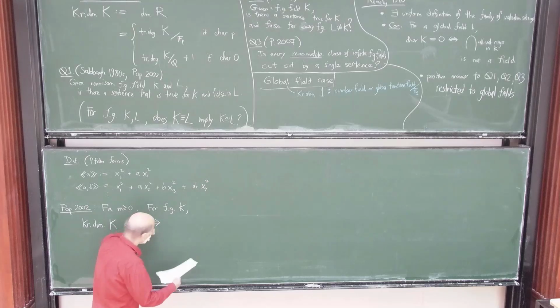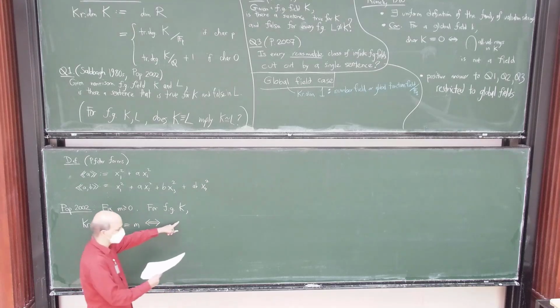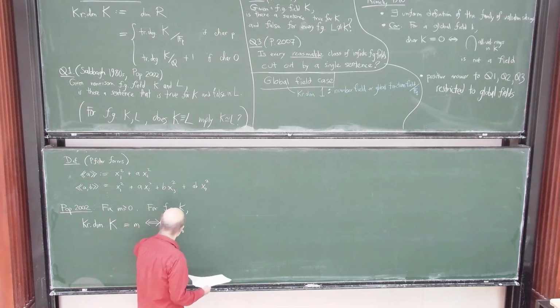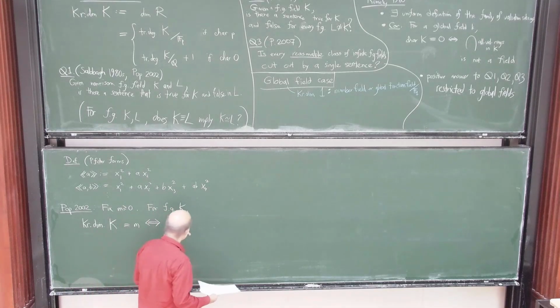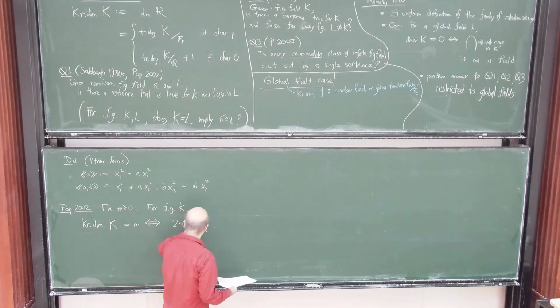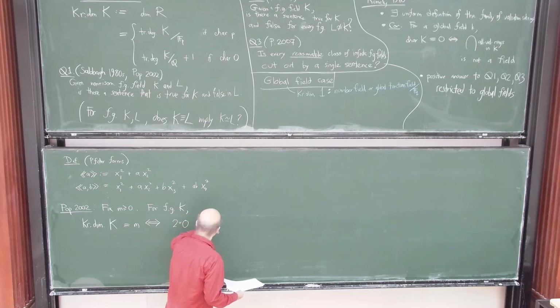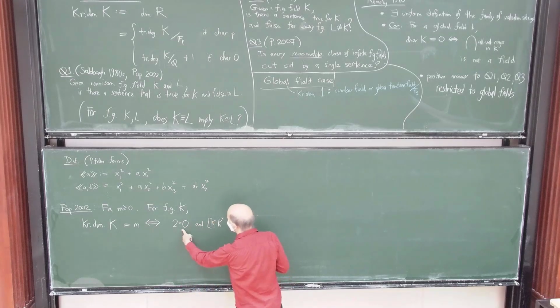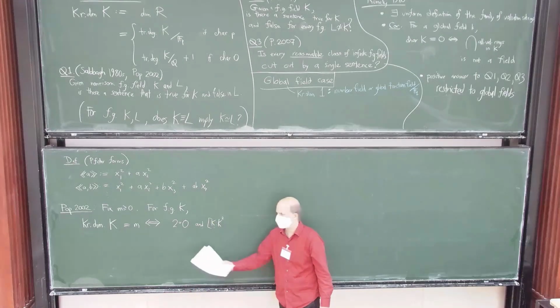There's going to be a first order formula here. I'm not going to write it out explicitly as a first order formula, but what I write will be easily convertible. The first case is that the characteristic is 2.